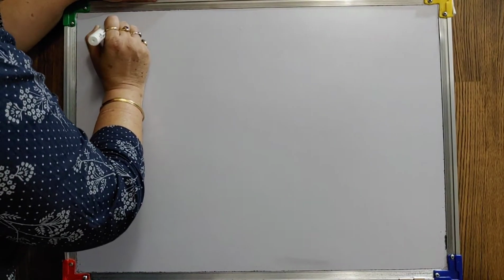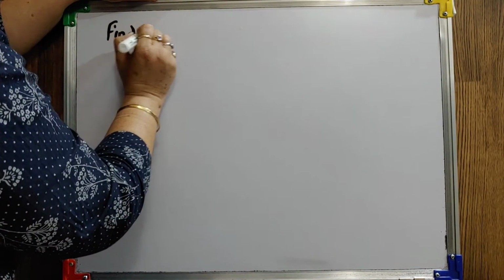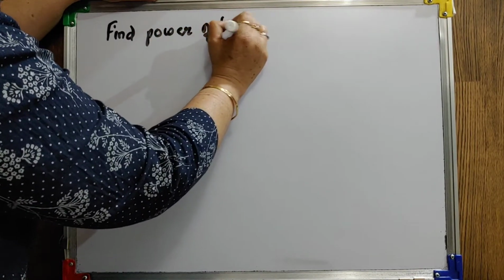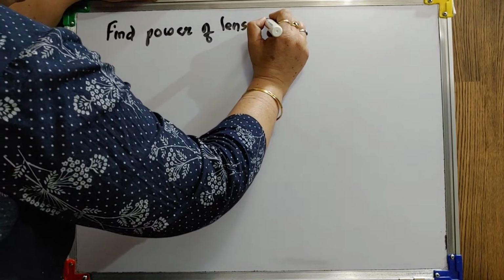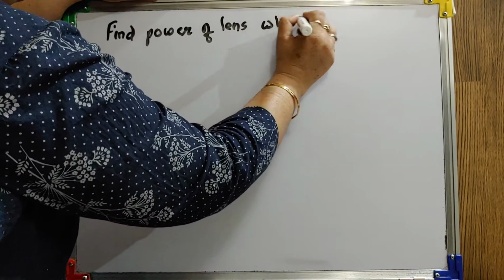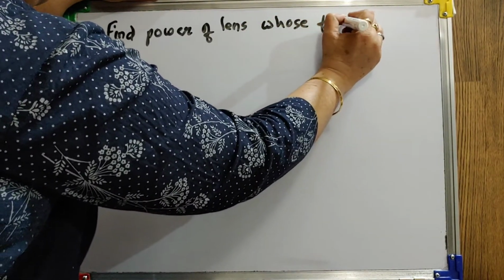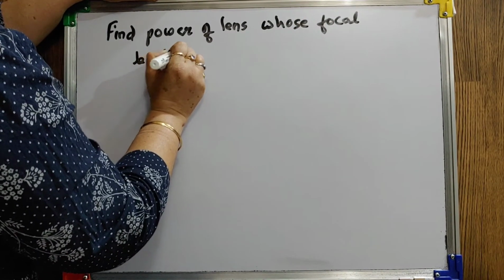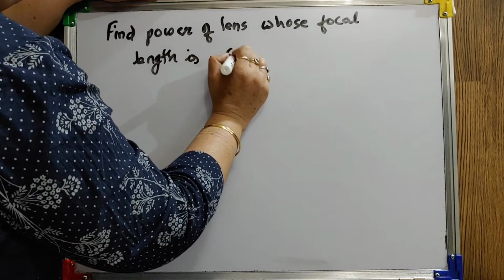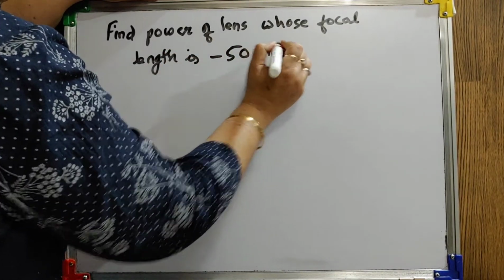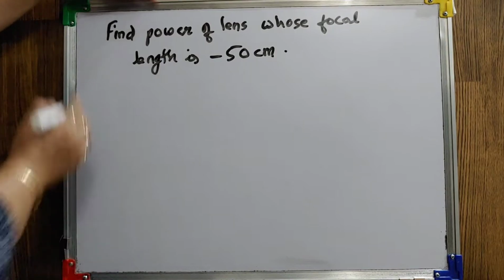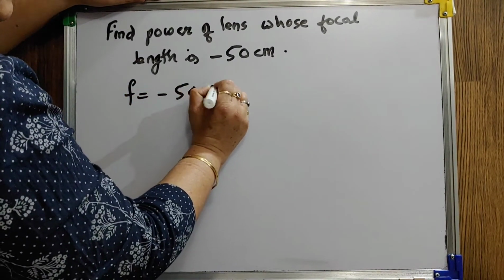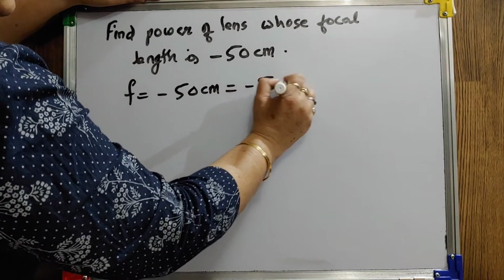One more. Find the power of a lens whose focal length is minus 50 centimeter. Negative means it is concave. So your f is minus 50 centimeter. Convert it into meter.